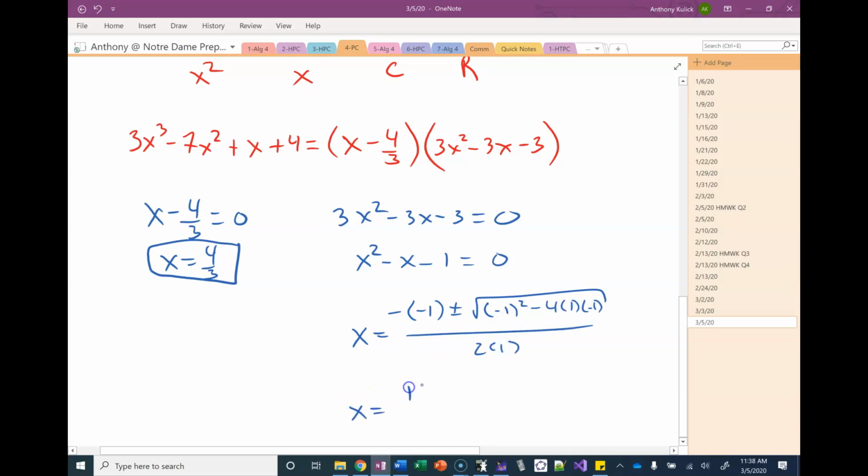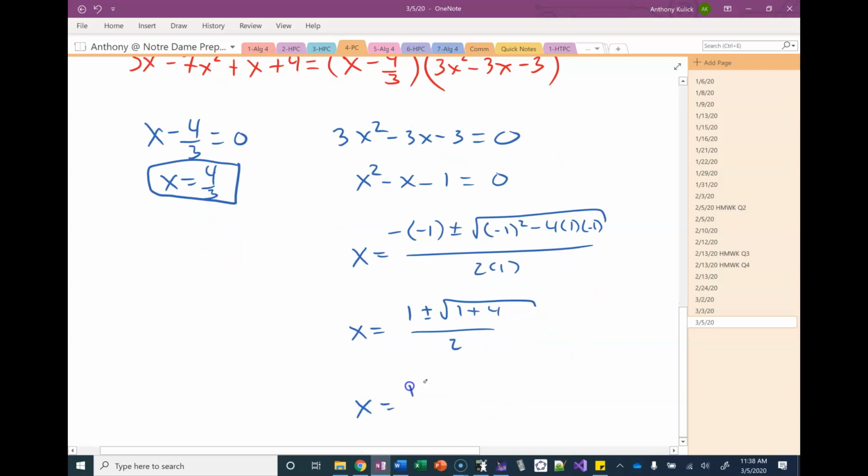So when I do that, I get 1 plus or minus the square root of 1 plus 4 over 2, or 1 plus or minus the square root of 5 over 2.